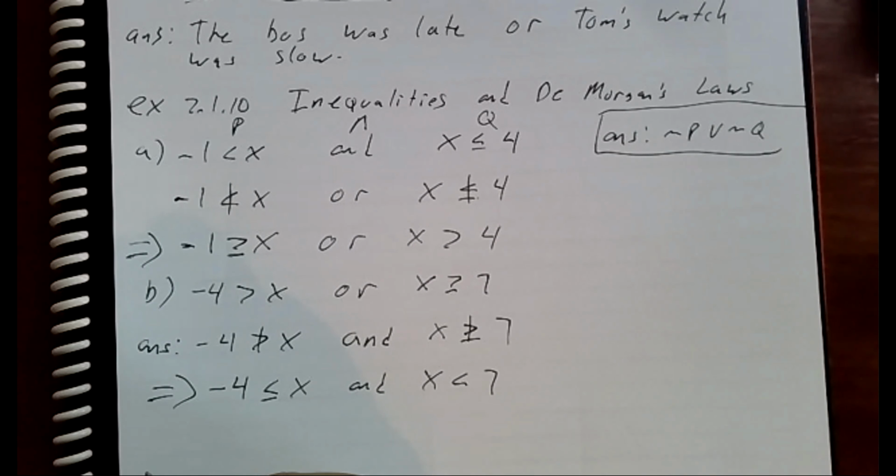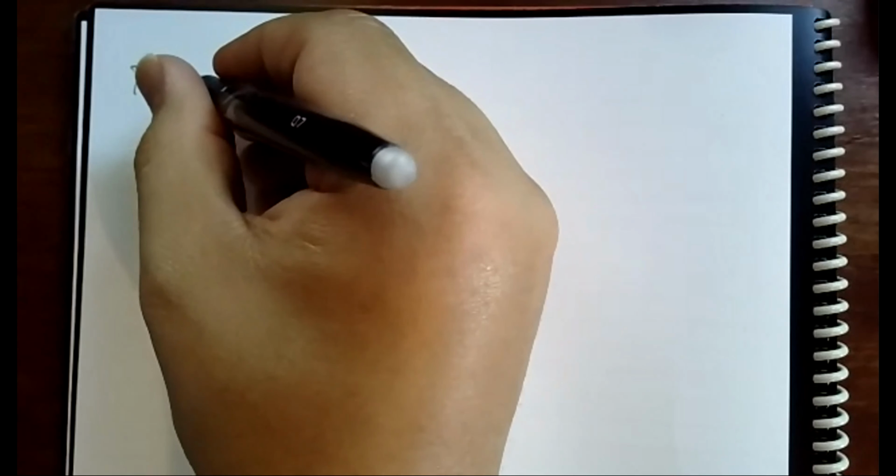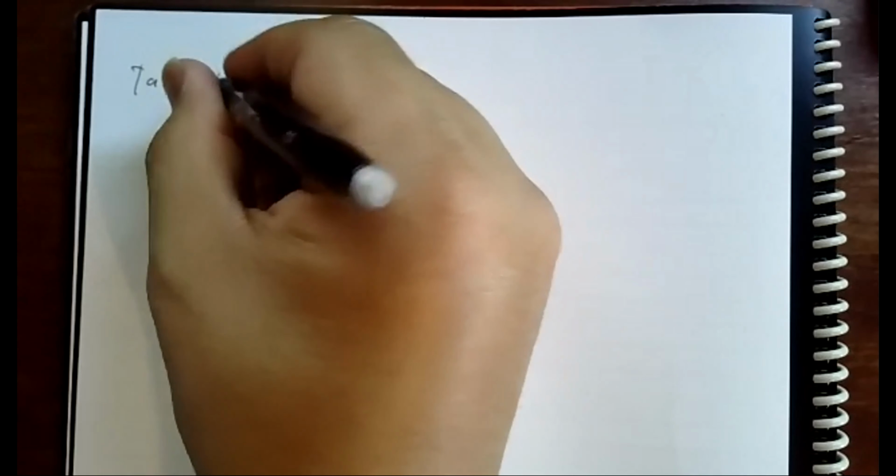All right, so the next, let's write the definition. This is on tautologies and contradictions. Definition.